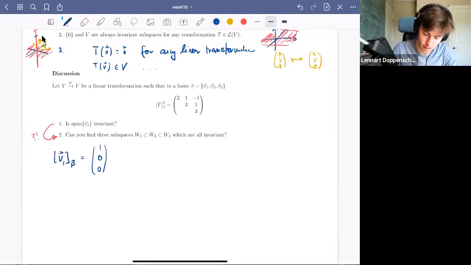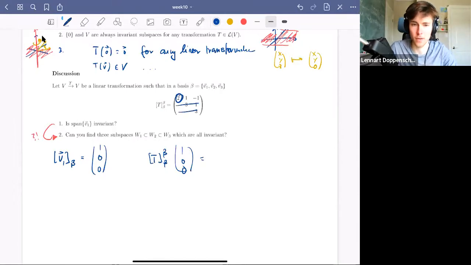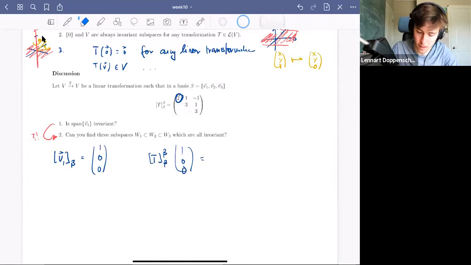So now if we multiply this matrix with 1, 0, 0, we see that we only get this entry. Every other column multiplies to 0 with this vector, and so this is 2 times 1, 0, 0.